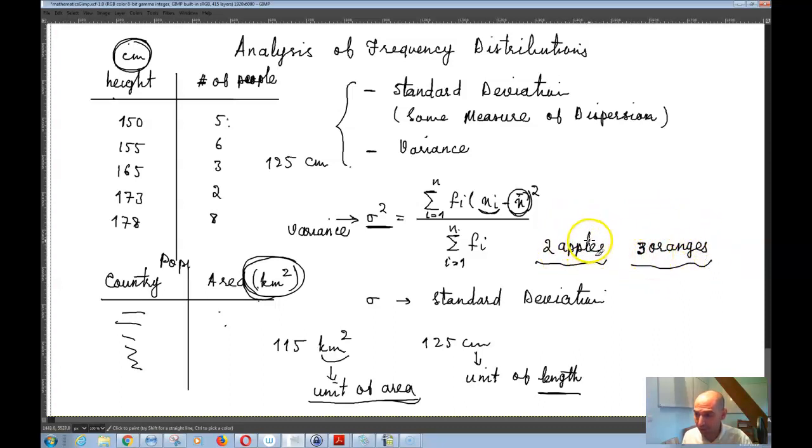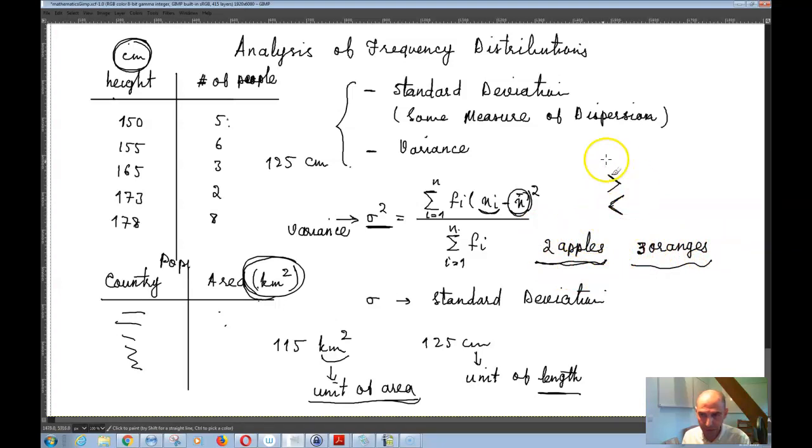Now, of course, the idea of better is not very fitting here. But suppose that I have 2 apples here, and I have 3 oranges here, and I ask you to use either of these 2 signs, greater than or less than, to say whether 2 apples is greater than 3 oranges or 3 oranges is greater than 2 apples.